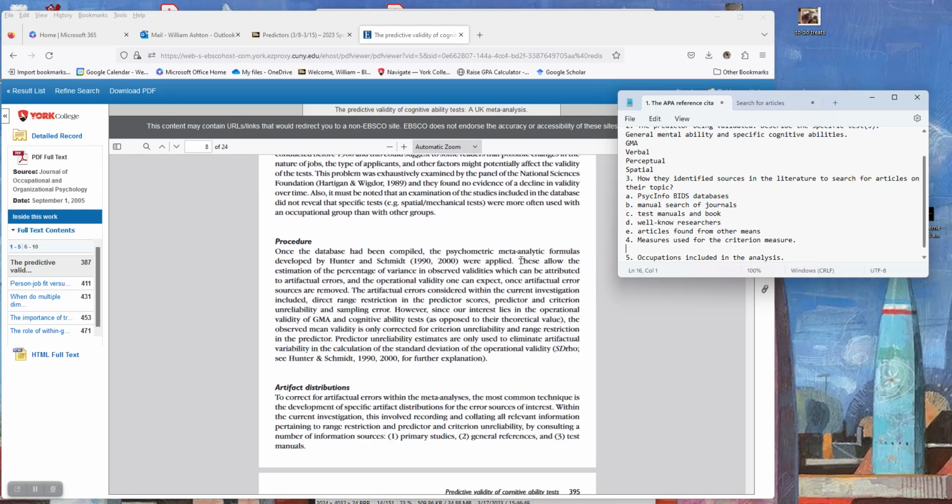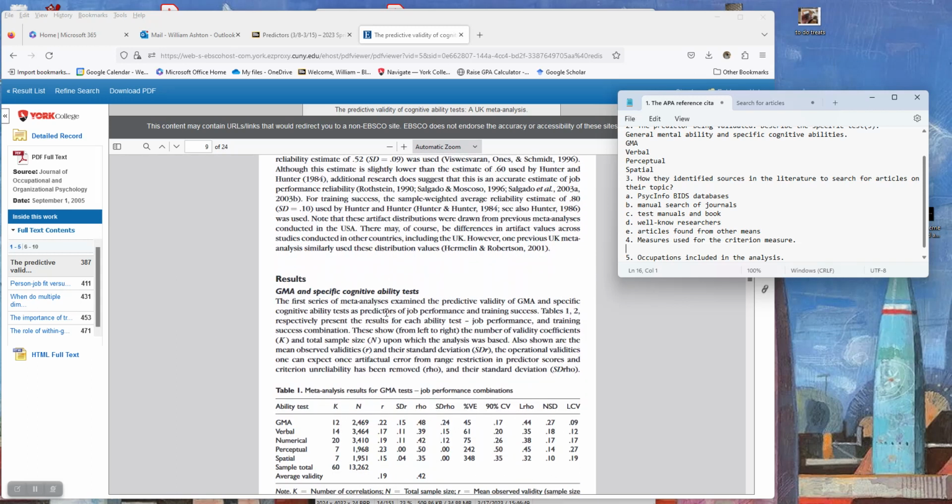What's that? The artifactual errors, the current investigation did range restriction in predictor scores, and credibility. Okay, so the first series of meta-analyses predicted job performance and training success.